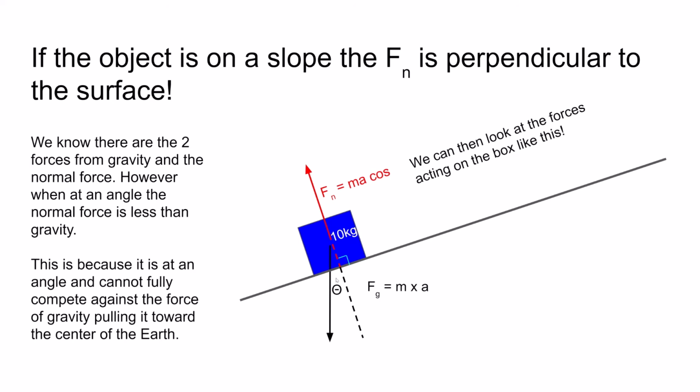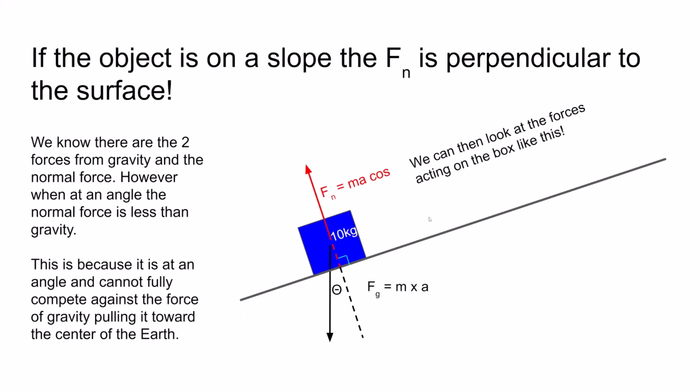So this is our gravitational vector, which is going to be larger than our normal force. And this is why things on a slope that is steep enough will slide down the slope, because gravity is still strong enough to pull it downward, down the slope.